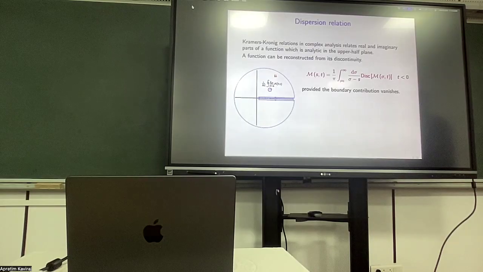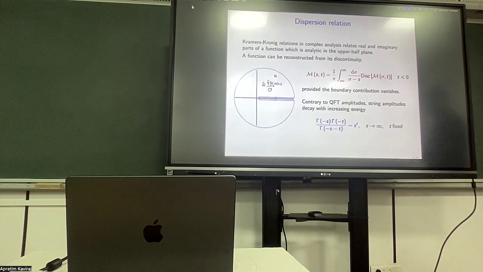But in the case of string amplitudes, this amplitude has a high energy behavior s to the power t, and as we can see, if t is negative, then the arc at infinity can be dropped, and therefore the full amplitude is expressible in this way, the thing written in magenta.